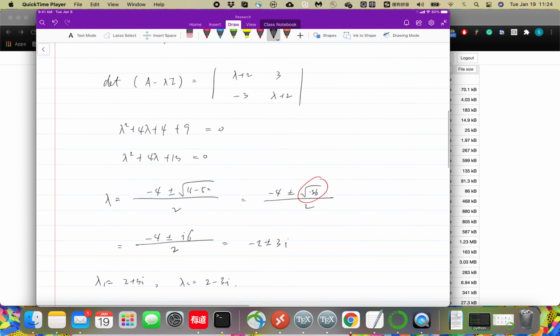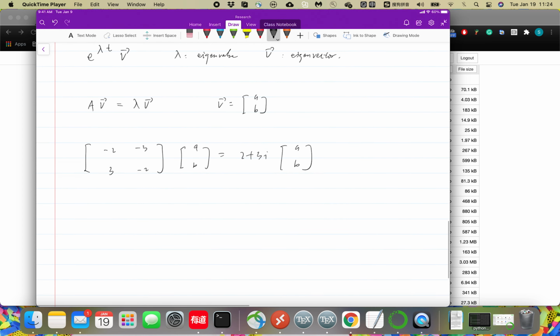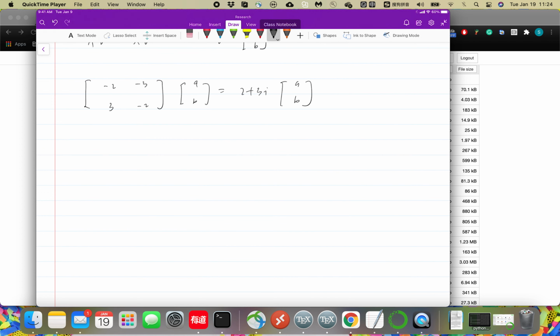So what do we have is [-2, -3; 3, -2] times v, which is (a, b), equals, we have the first one, which is 2 plus 3i times (a, b). We don't like it, but we keep it. Then what are we going to get?